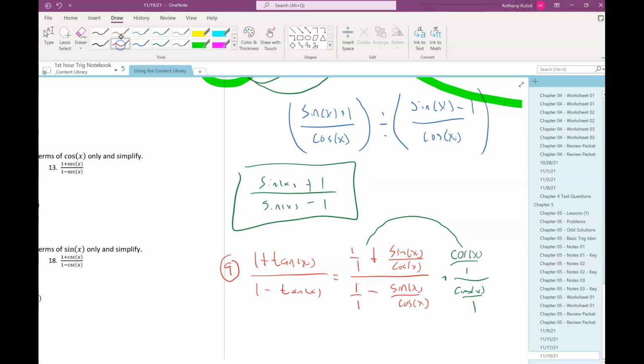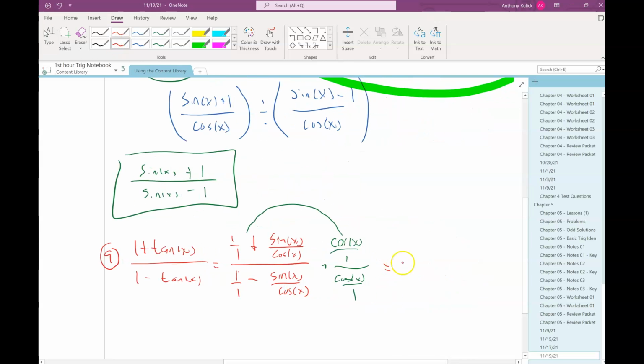So when I multiply that to the 1, I get just cosine. When I multiply that to the sine over cosine, the cosines are going to cancel, and I'm left with just sine. And there's a plus sign in between them because the plus sign just comes with it. Is that okay? Same thing down here.